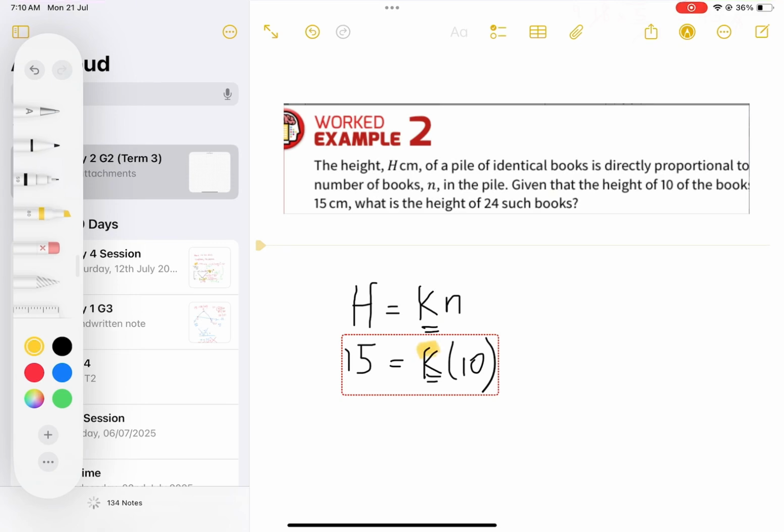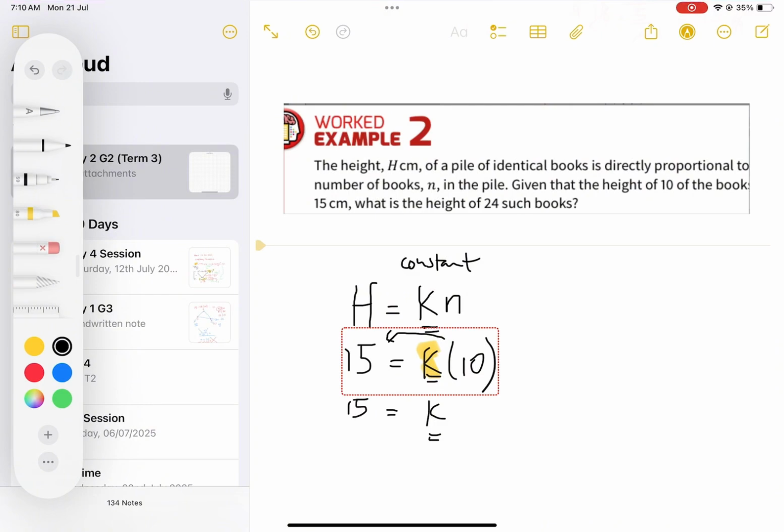We are actually trying to find the k. That's the reason they have given you some numbers to substitute with the h and n, to find the k. K is what we call a constant. So forever that constant k cannot be changed once you have found the exact value.